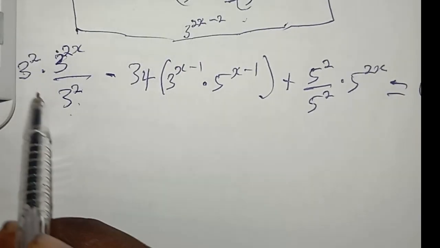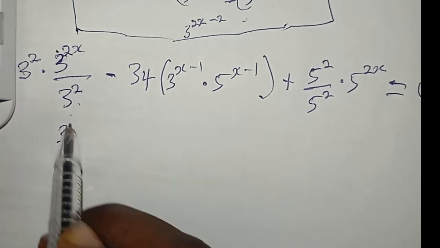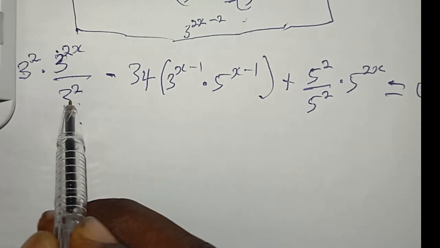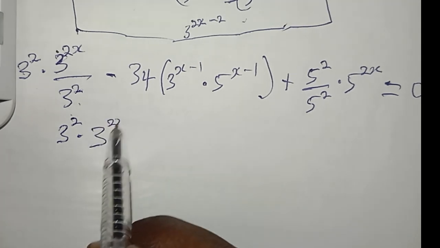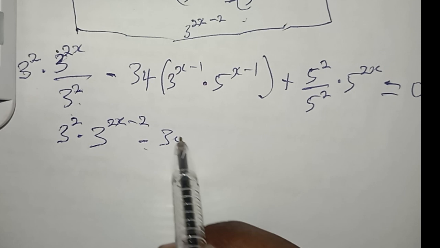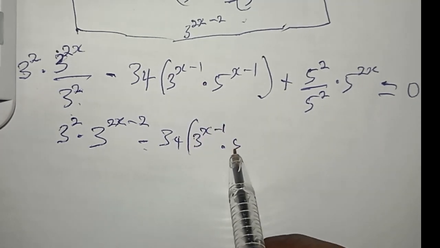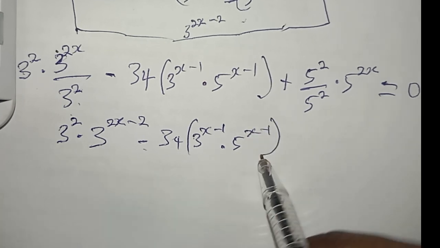We can now write from here that this is 3^2 and then multiply by, so using the rule of indices, I'm going to take this one up, so then I have 3^(2x-2). Okay, and then minus 34 into 3^(x-1) multiplied by 3^(x-1).